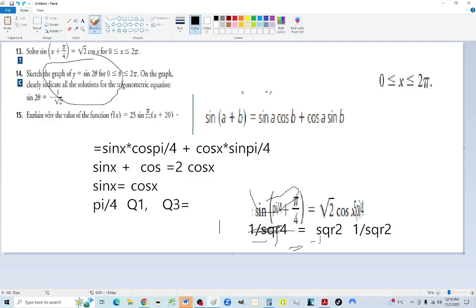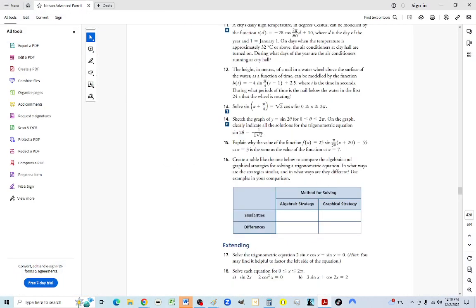Sketch the graph of this. Okay, no. That's going to be a period shrunk by half. Nah, you can do that. Explain the value of this function. That's interesting. Explain why the function at x equal to 3 has the same value as the function at x equals 7.